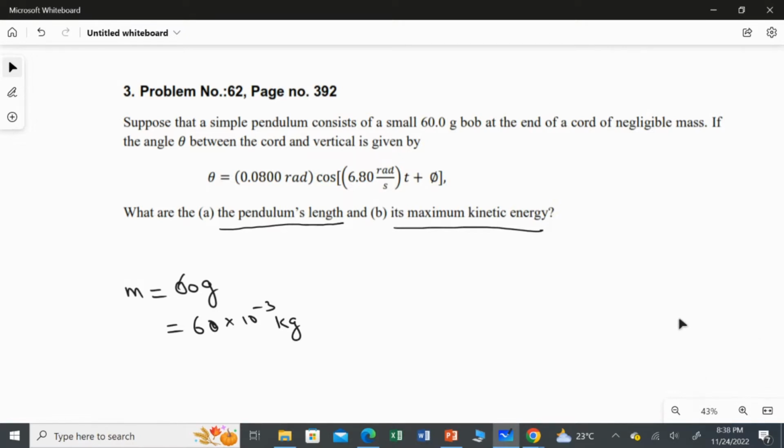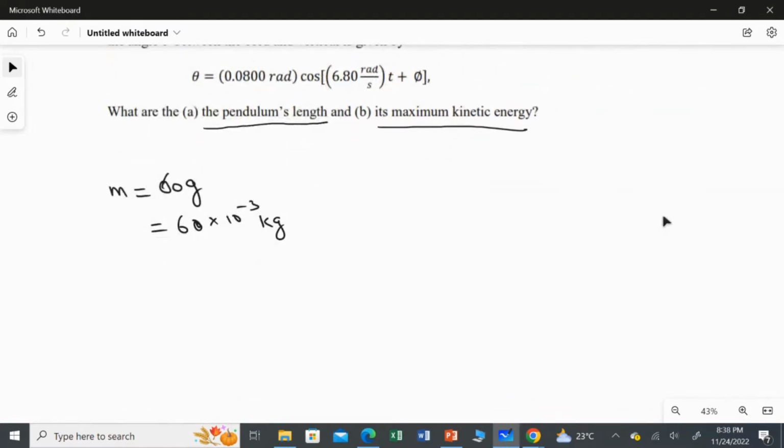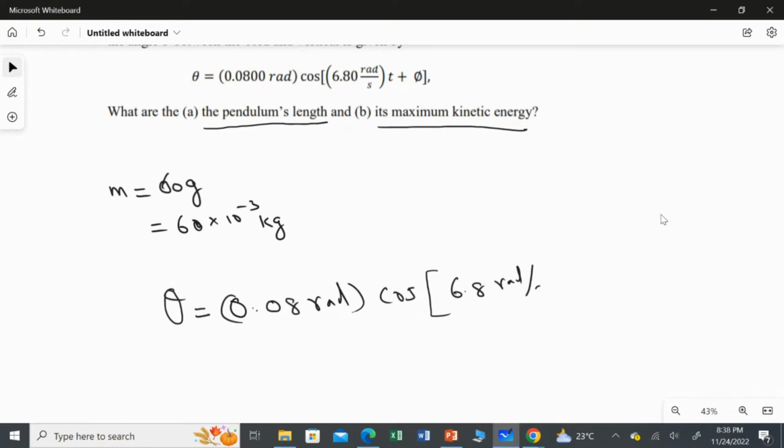First of all, I am going to rewrite this equation which is given in the question. The angle theta is given by 0.08 rad cosine of 6.8 rad per second multiplied by t plus the phase angle, right?